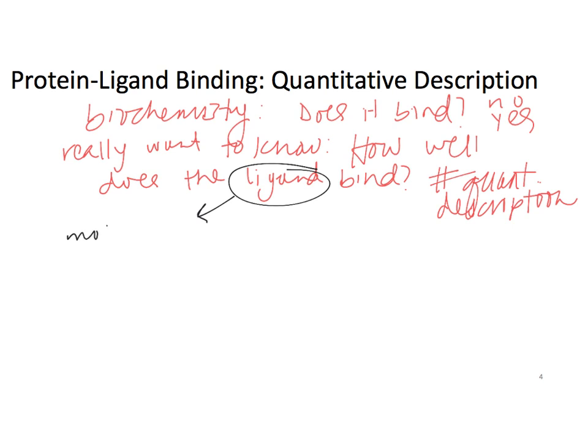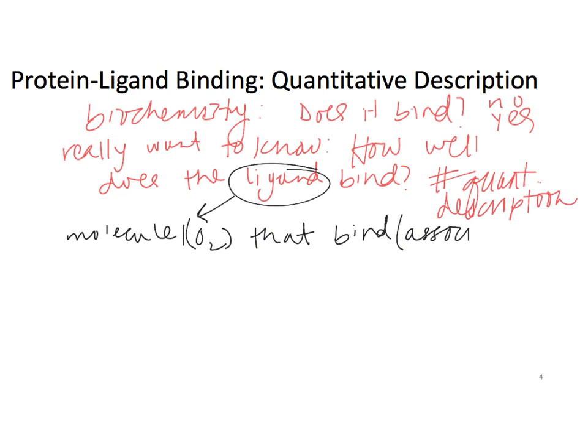This is a molecule. It can be large or small. Sometimes ligands are even proteins. You can have a protein-protein interaction. One of them would be called the ligand. In our case, when we're talking about oxygen transport, we're talking about O2 being the ligand. It's a molecule that binds, what do I mean by binds?